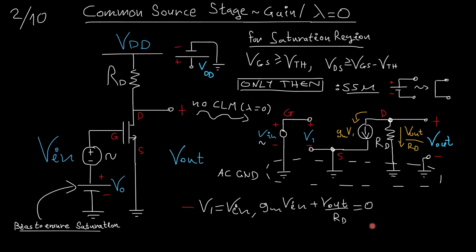Okay. All right, taking the KCL here, gm Vin plus Vout over RD must be equal to 0. Both of these come out of this node. Therefore, Vout over Vin must be equal to minus gm times RD.